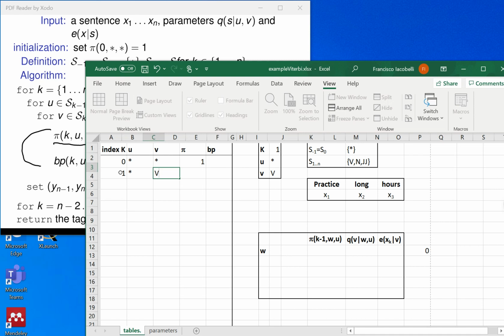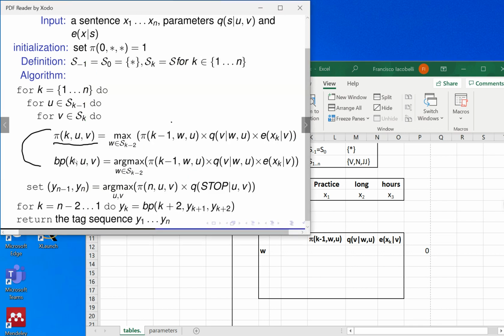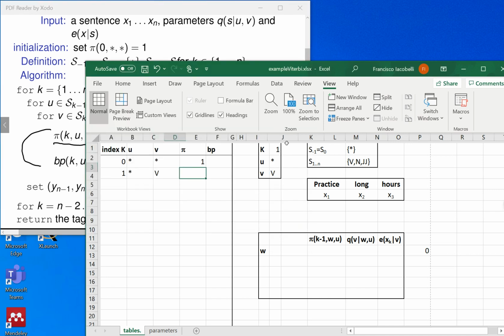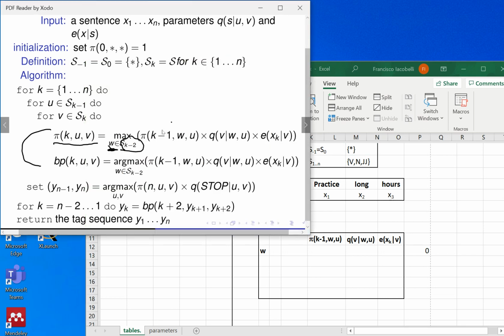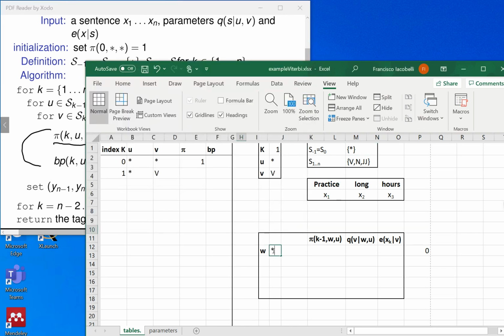So let's compute that. All right. So we're going to loop. W is going to loop through all the values of S sub K minus 2. Again, K is 1. Minus 2, that's negative 1. So S of negative 1 is just the star. So what this is saying is that W is going to loop through all the elements of S minus 1, but there's only one element. So W is going to get the value star.